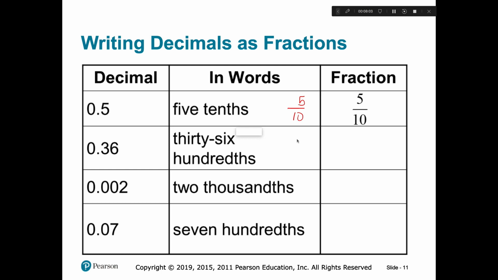Next, I have 36/100ths. What number goes on the bottom of this fraction? And on the top? And then, of course, can I reduce that one? Yes. I want you to reduce on the assignment. What number goes into both of these?